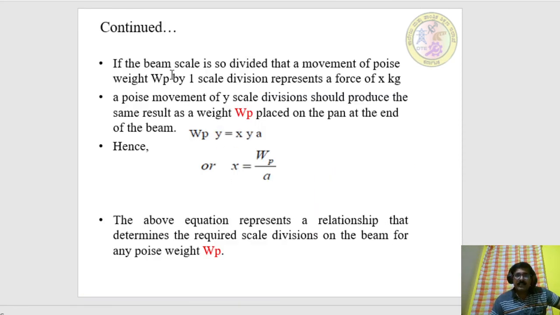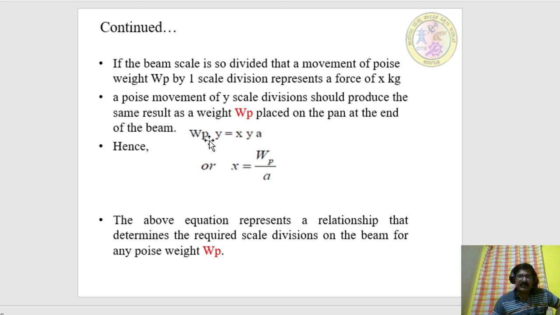Now see, if I say the beam scale is divided such that the moment of a poise weight WP by one scale division can represent a force of certain kg, with a poise moment of y scale divisions, that should produce the same result as WP, the weight of the pan placed at the end of the beam.